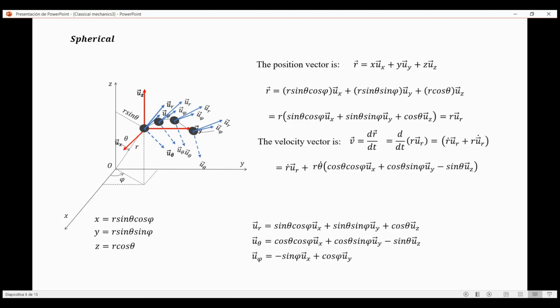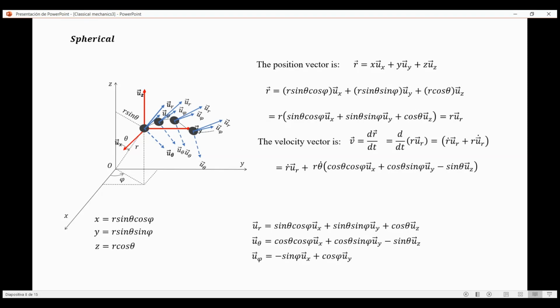If we derivate against theta, we've got theta dot times cosine of theta cosine of phi ux plus cosine of theta sine of phi uy minus sine of theta uz. The chain rule: first we derivate with theta and then multiply by theta dot.